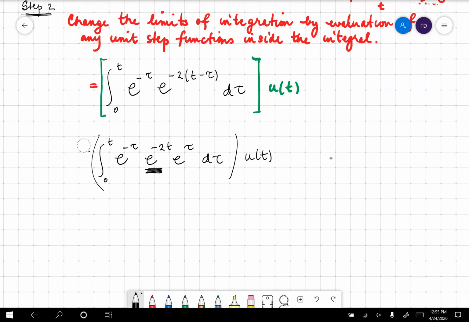What about e to the minus 2t with regard to the integral? Can it come out? Come right out. It has nothing to do with tau. It's not a function of tau. Integral 0 to t, e to the minus tau times e to the tau is 1 d tau. All of this is still multiplied by u of t. I don't want to throw away my u of t.